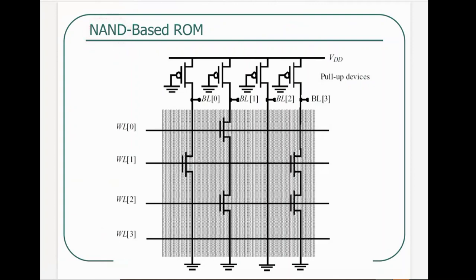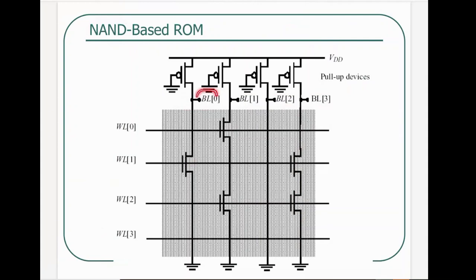Well, it is called NAND because your pull-down network consists of NMOS transistors that are in series, one after the other, exactly the same way as we constructed NAND gates using CMOS transistors. A few things have changed. One, our bit lines are now connected to the gate terminals of each of those NMOS transistors.